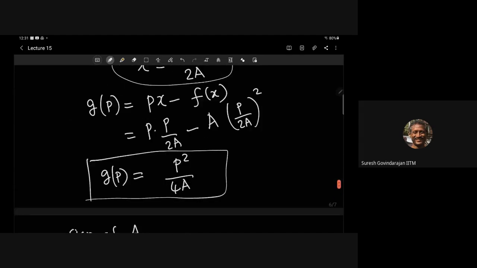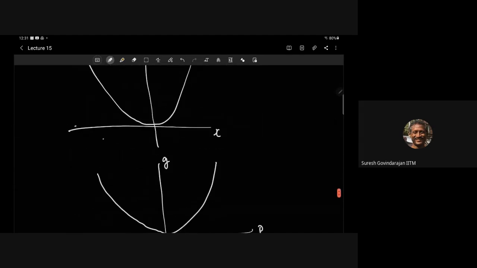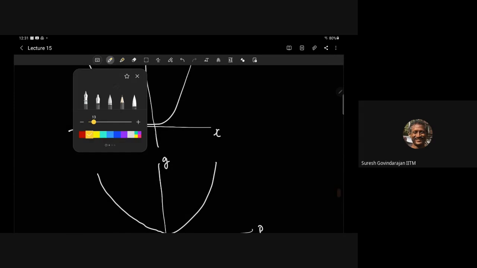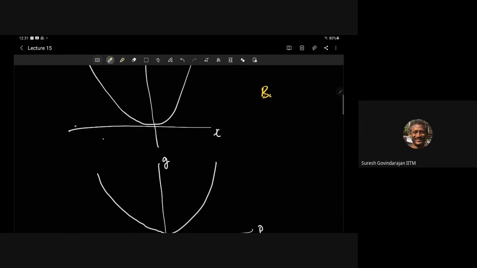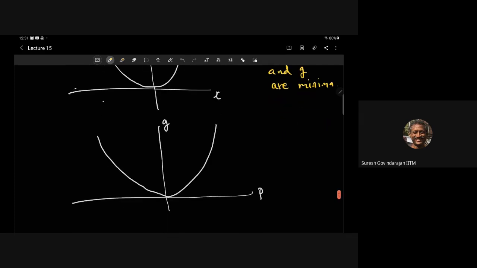But now what we can see here is that, the remark which is important is, both f and g are minima. So the key point is that the minimum of f gets mapped to the minimum of g.